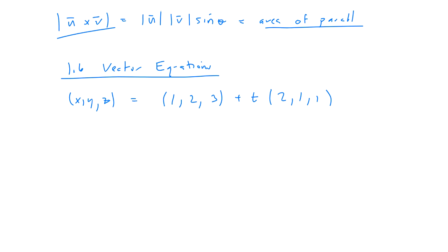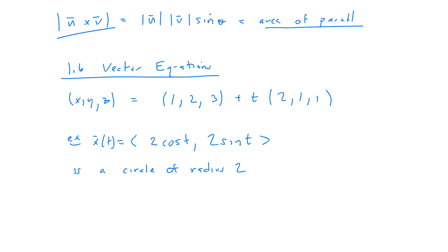So for example, if I call this x of t, then this is a circle of radius 2. It's the parameterization of the circle of radius 2, which in regular form would look like that. So these two things are sort of the same thing.